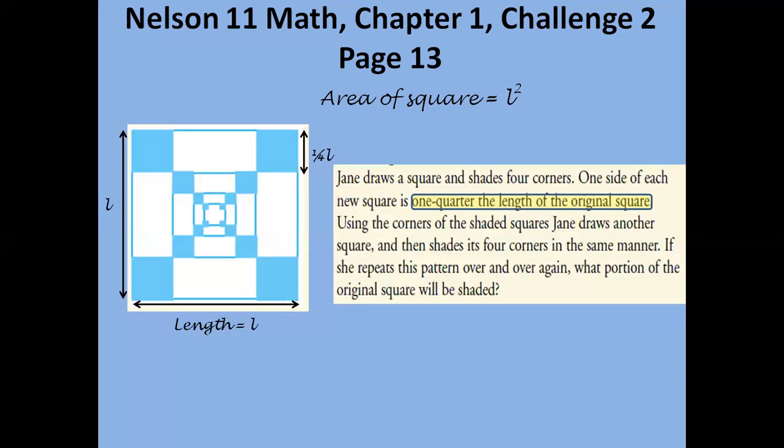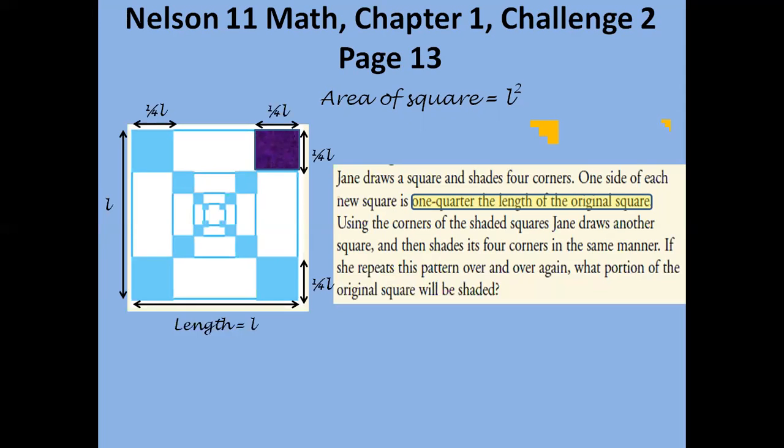If the total length of the original square is L, the length of this shaded portion square will be 1/4 of L. So this is the shaded portion I'm showing here.